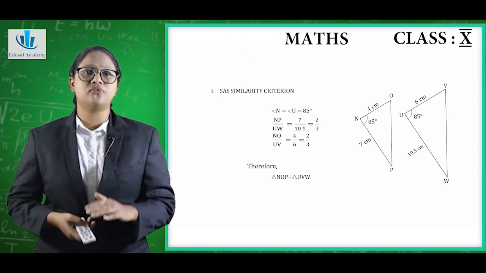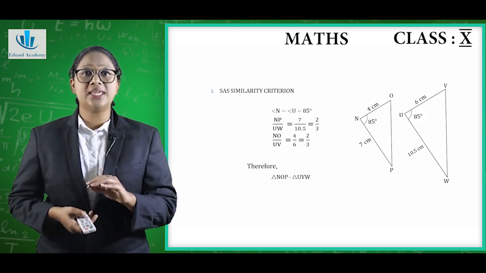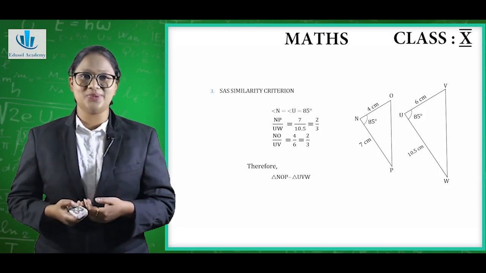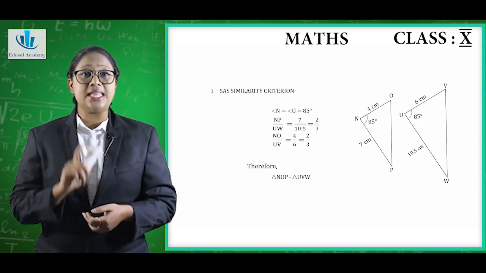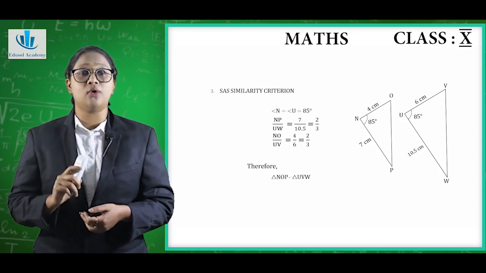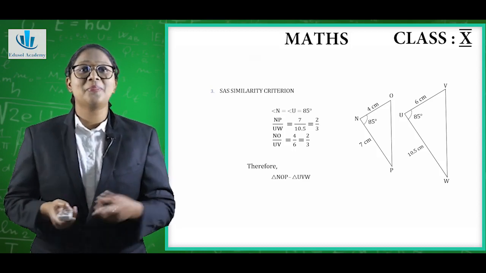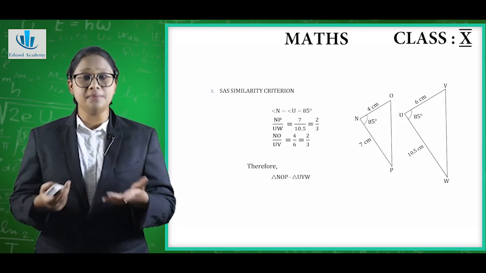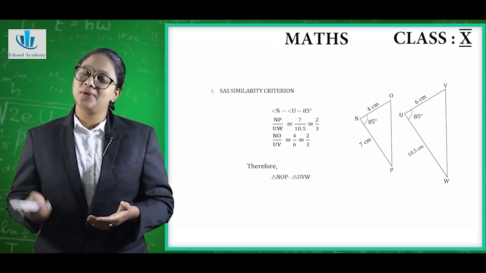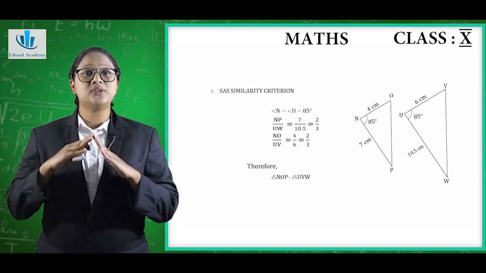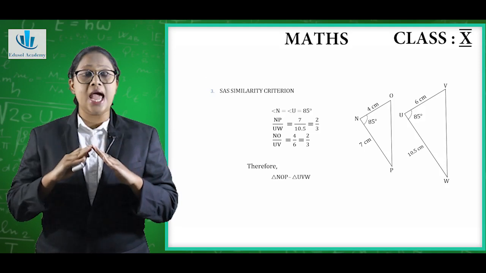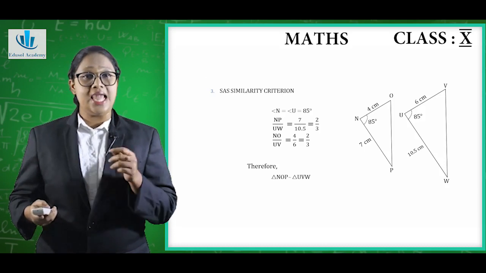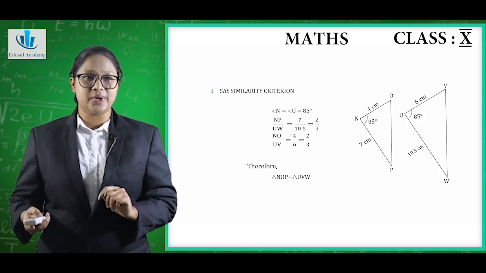If we take the ratio of those corresponding sides, we will get 4 by 6 or equivalently 2 by 3. Now for the second set of sides, NP by UW, that is 7 by 10.5 centimeter. Again, simplifying, we'll get 2 by 3, which means that the two sets of sides are proportionate and the angles between them are equal. That's how we can apply the SAS similarity criterion in these triangles.